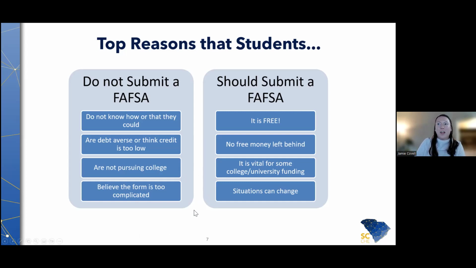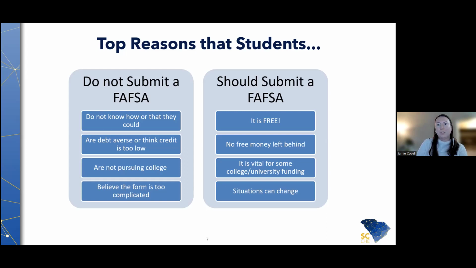For students that are not pursuing college after high school, I would still encourage them to complete the FAFSA, mostly because we know as folks that work with our students that that plan changes pretty quickly. And if they can get assistance with completing a FAFSA the first time around, it makes it a lot easier to do independently once they leave. So if they can just get some practice doing that, that's a good reason to do it.